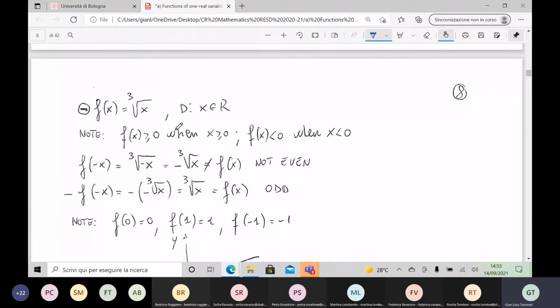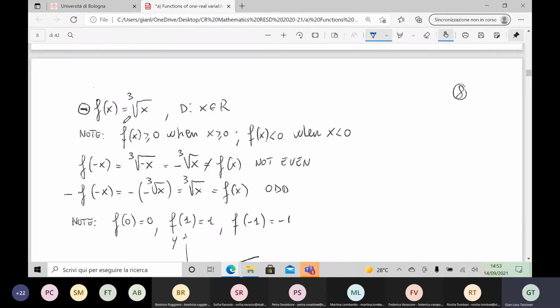Another observation I can make is about the sign of this function, guys. Here you have a root, but the sign of a root of odd order depends on the sign of x. If x is negative, for example, minus 27, I repeat, it's the third time I use minus 27, the cubic root of minus 27 is minus 3, so it's negative.